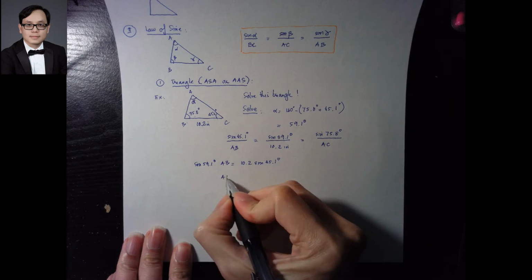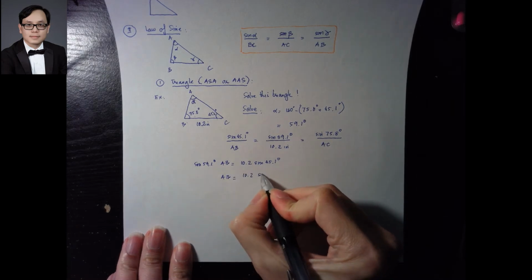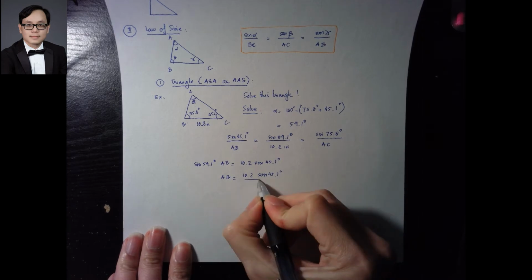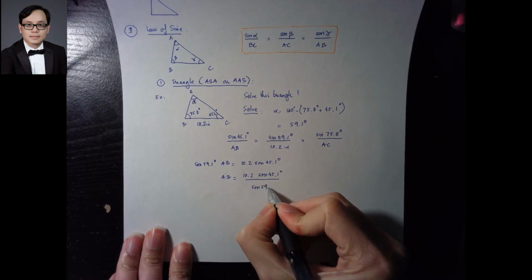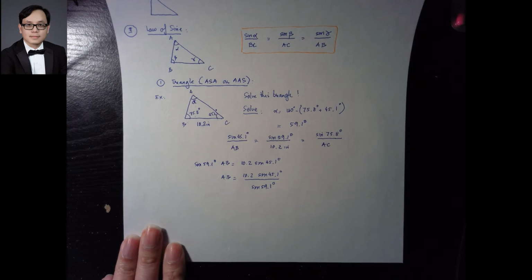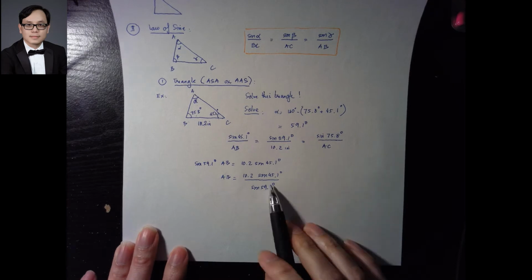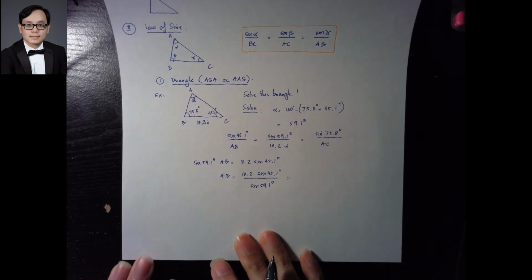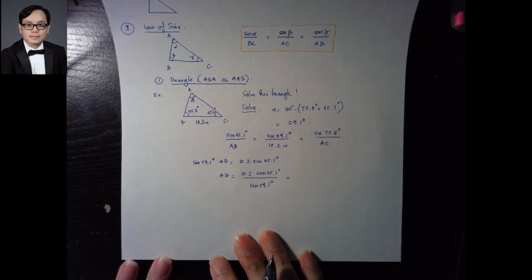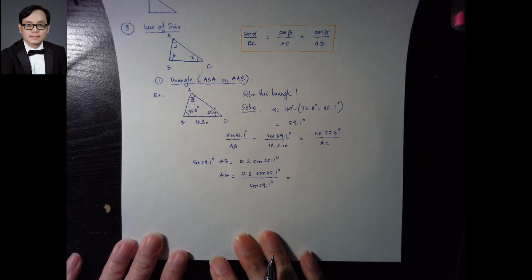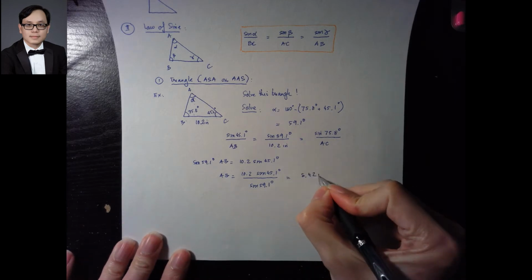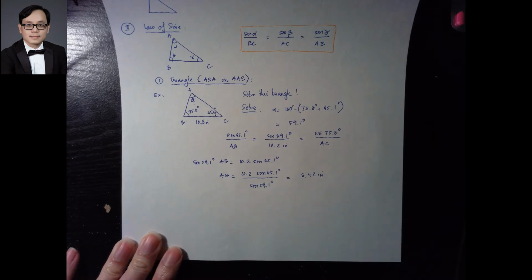Then AB equals 10.2 times sine of 45.1 degrees over sine of 59.1 degrees. Then we just put it into our calculator, and it should give you 8.42 inches. So that is AB.